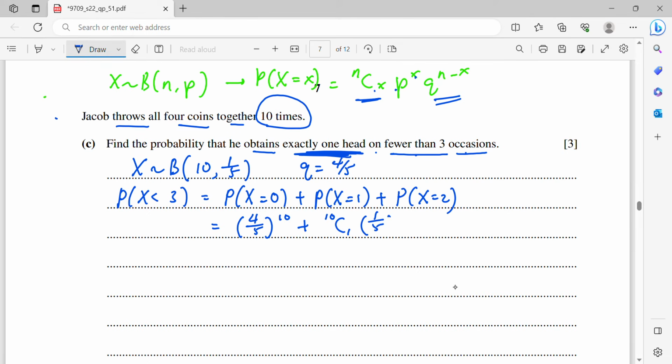So 1 over 5 to the power 1 times 4 over 5 to the power 9, plus 10C2, 1 over 5 to the power 2 times 4 over 5 to the power 8. Okay, so when you count the total of these probabilities, it will be 0.678, correct to 3 significant figures.